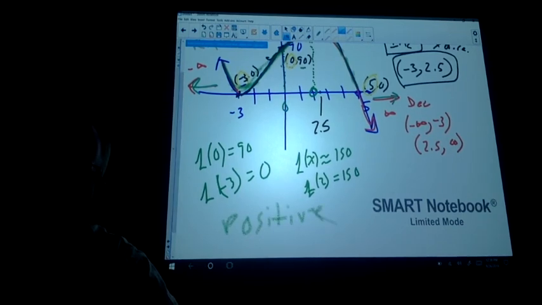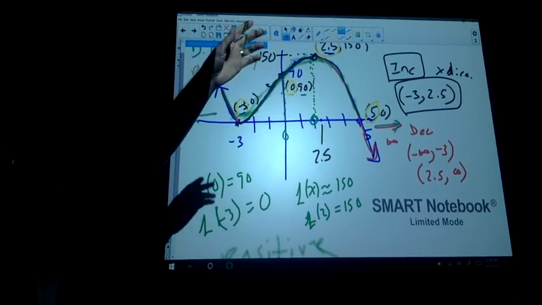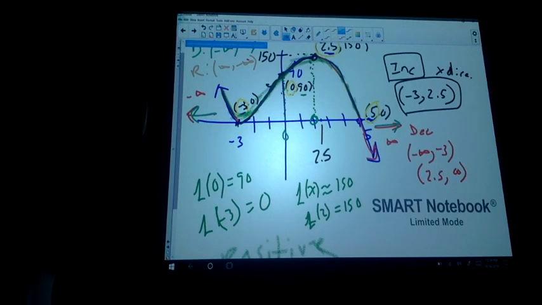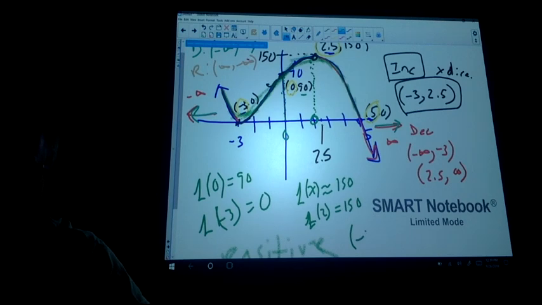So using the x direction, that whole green thing, everything above the x-axis is positive. So I'm going to go forever that way, from negative infinity all the way up until I get to right here. What is this x value right here? 5. And it's going to be an open dot because right there at 5 it's 0. So I'm going to make this a parenthesis. Yay? Making that sense?